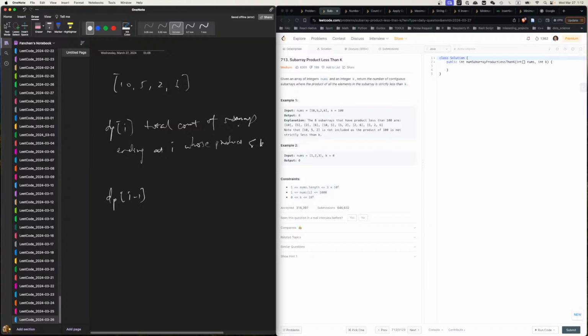Because what I want to know is, ending at i-1, how many are actually smaller than k divided by this? That's what I want to know.